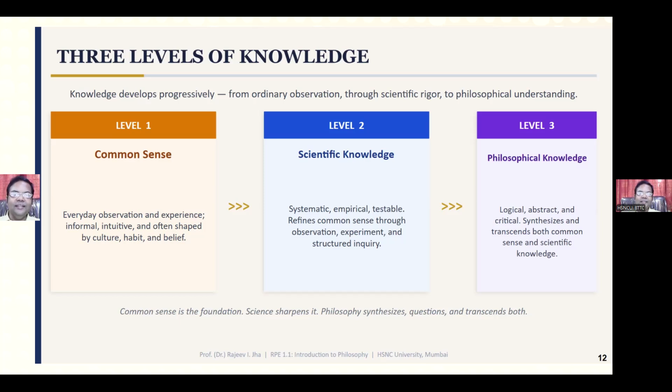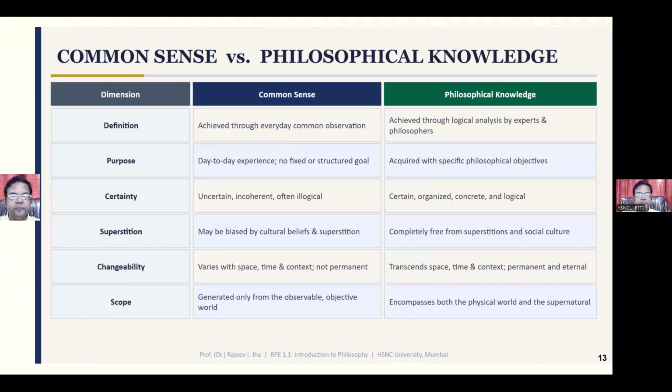To make this concrete, let us examine a direct comparison between common sense and philosophical knowledge across 7 key dimensions. This comparative table is worth spending time on because it helps us understand precisely what philosophical knowledge adds to ordinary knowing and why that addition is so significant for research.